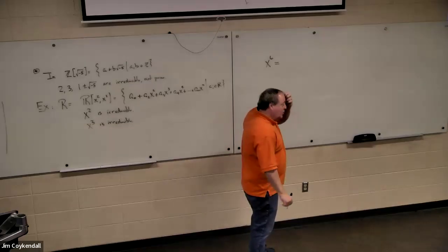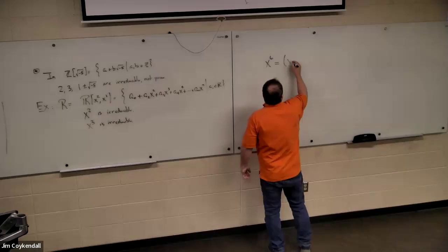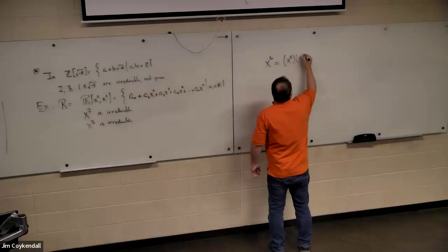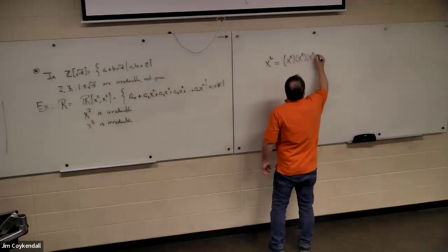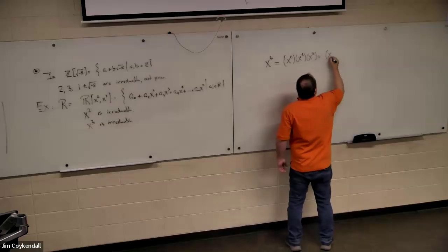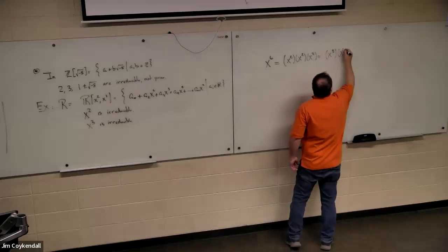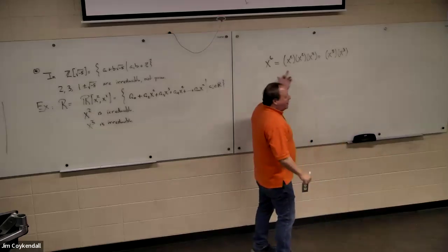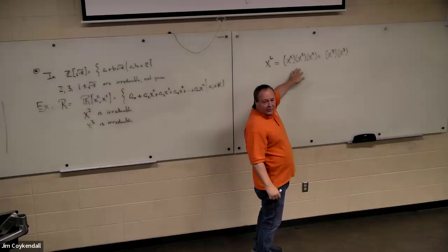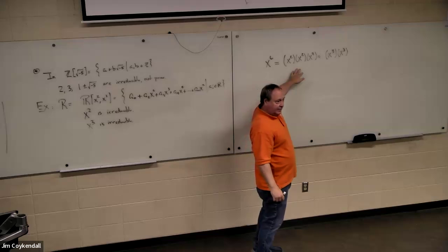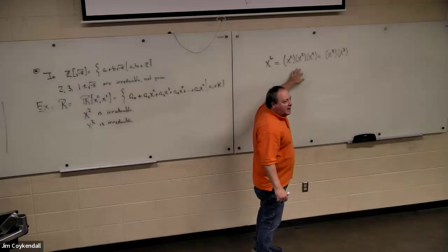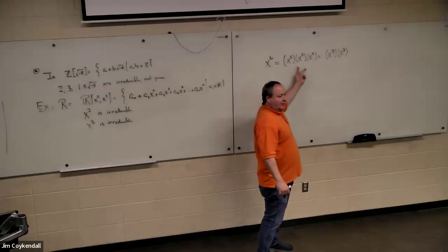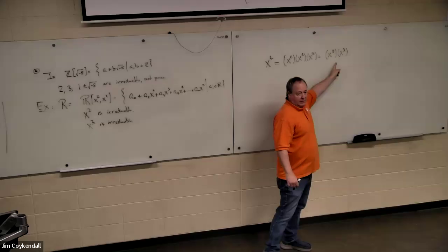I'm going to factor this 2 ways into irreducibles. Not only are there 2 different factorizations of x6 into irreducibles, they're not even the same length. This one factors into 3 irreducibles, and this only 2.